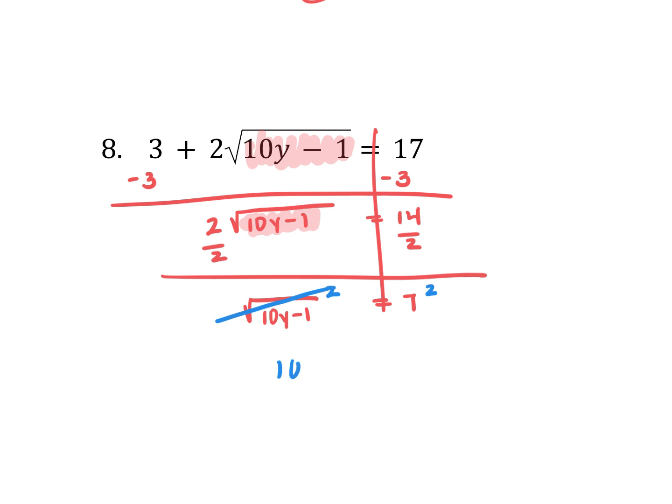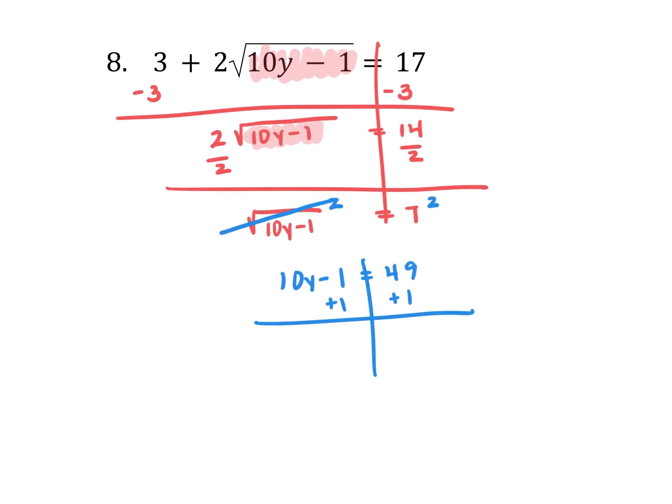So I have 10y minus 1 equals 49. Add 1, add 1. So I have 10y equals 50. Because those are being multiplied, I'm going to divide, and get y equals 5. Okay, let's try number 9.